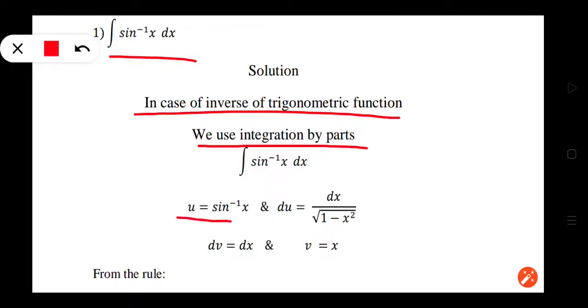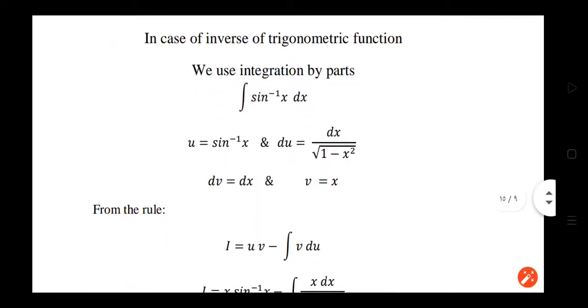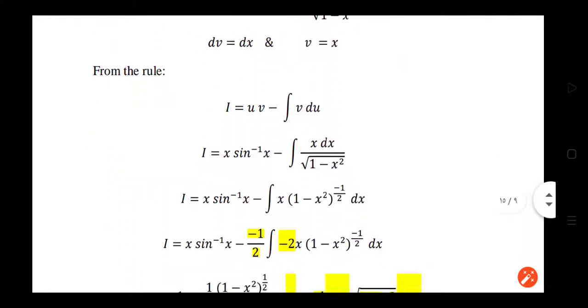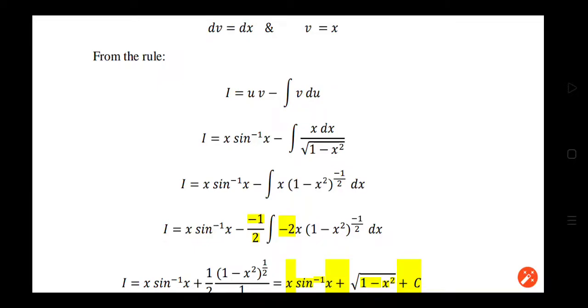We put u as sine minus 1 x, then du is dx over root 1 minus x squared, dv is dx, then v equals x. We know the rule of integration by parts: I equals uv minus integration v du.